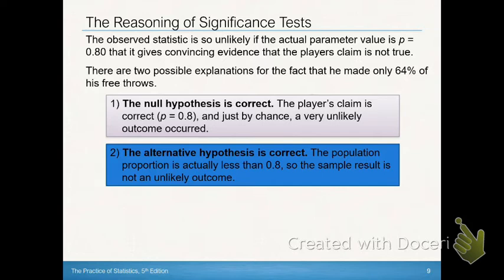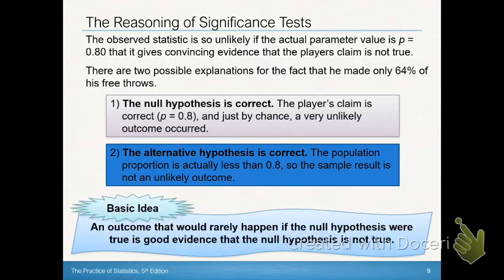So what we want to do is weigh these two options and see which one we have evidence for. In this case, it's very, very unlikely for the null hypothesis to be true. It was less than 1% of the time. So that might be some evidence that maybe that null hypothesis is not true.